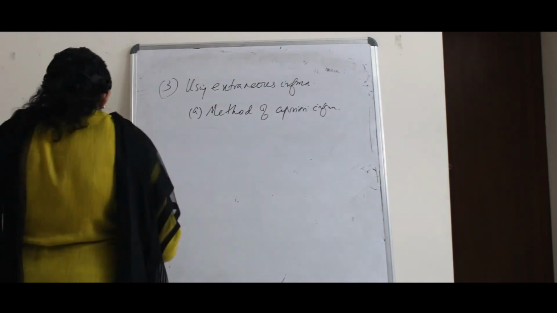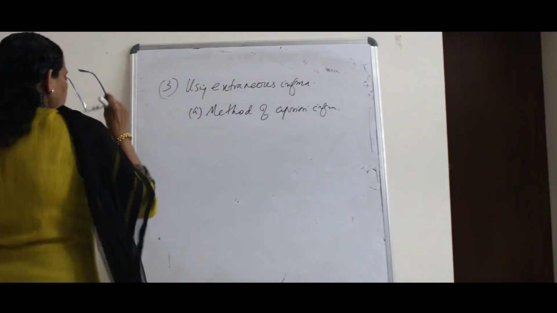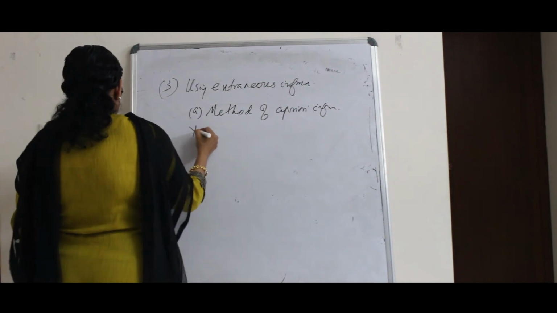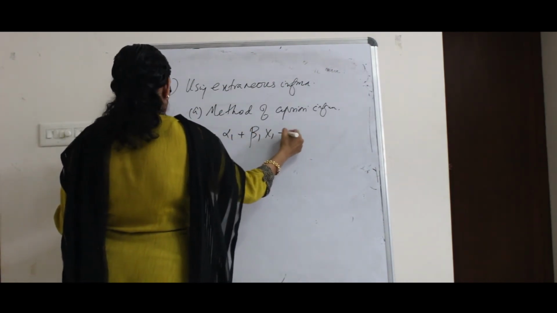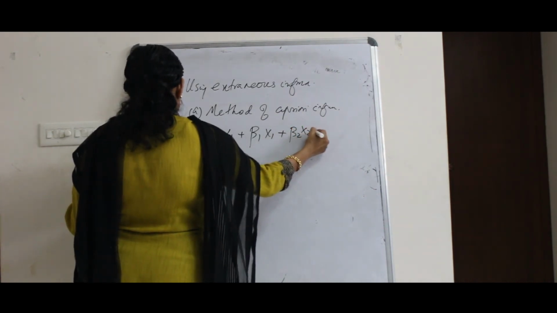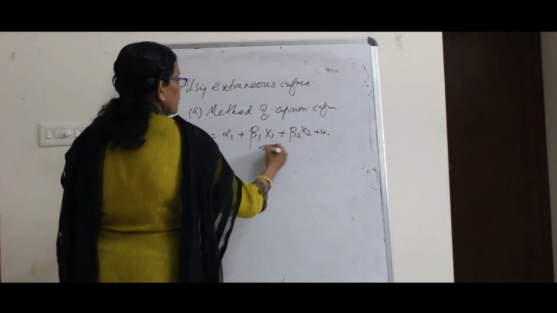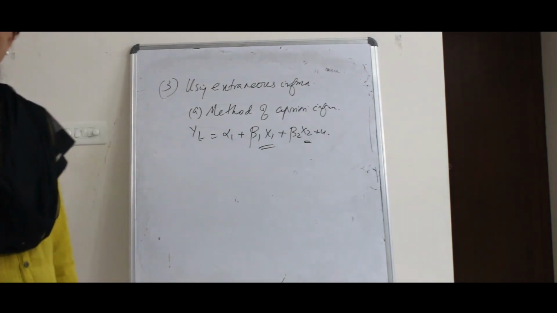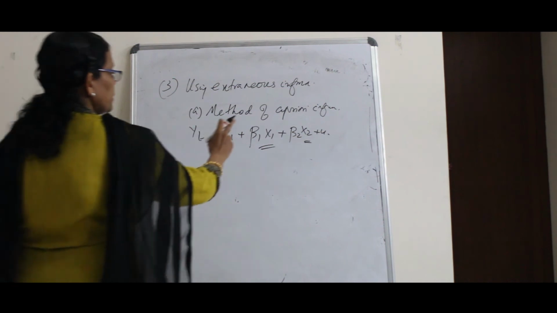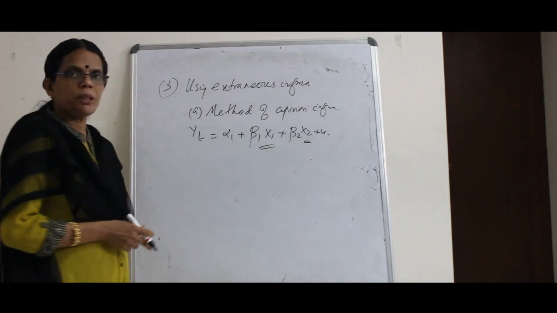For example, you are trying to estimate the model yt is equal to alpha 1 plus beta 1 x1 plus beta 2 x2 plus u. Now suppose x1 and x2 are collinear. So if you run the regression, there may be some problem for beta 1 and beta 2.